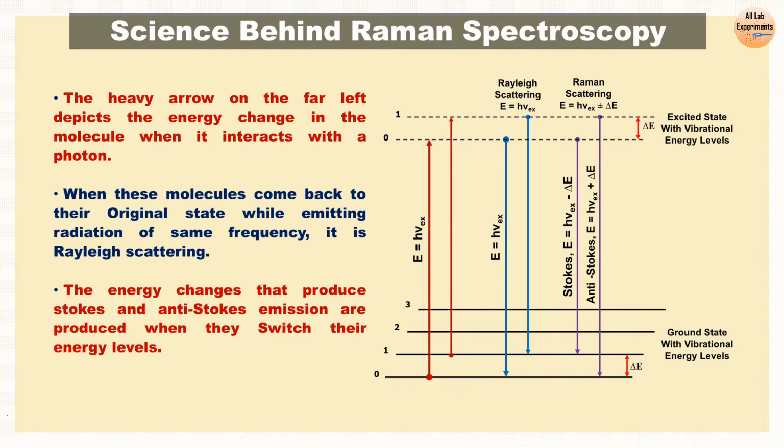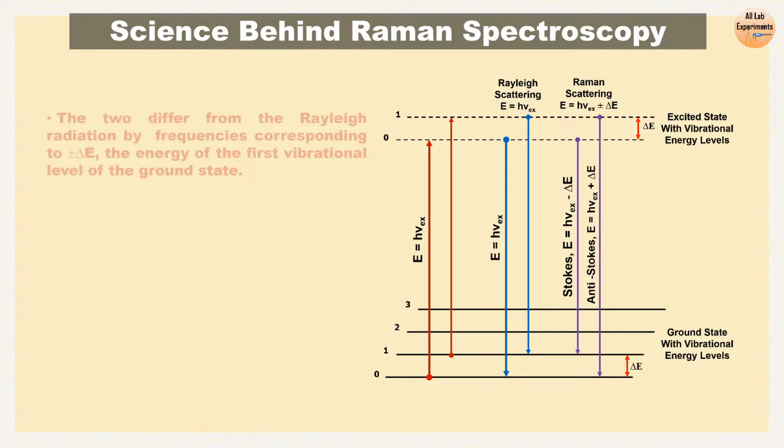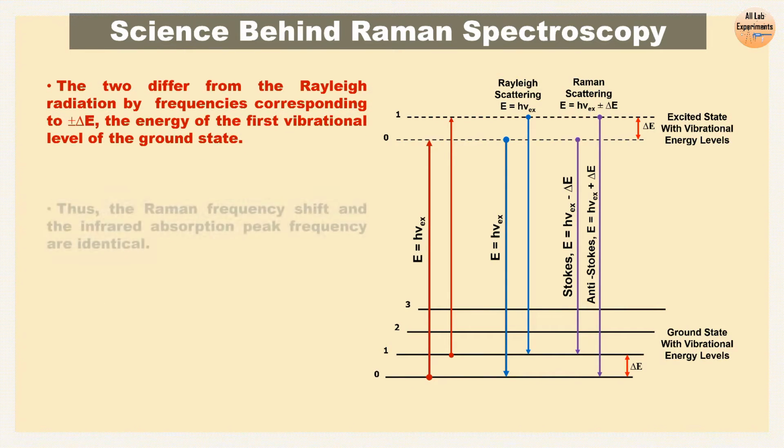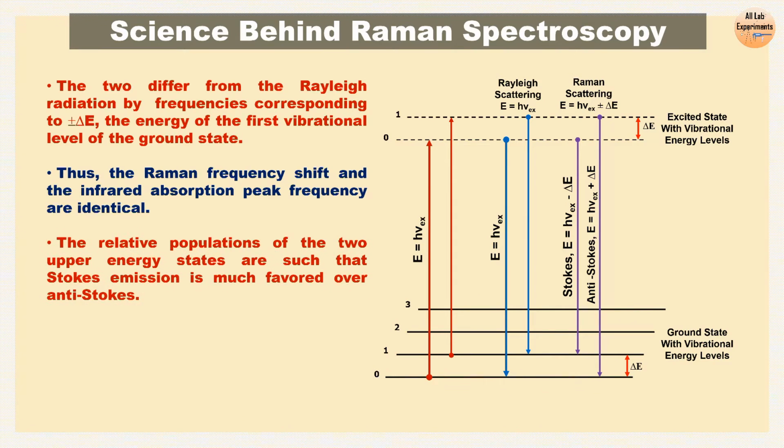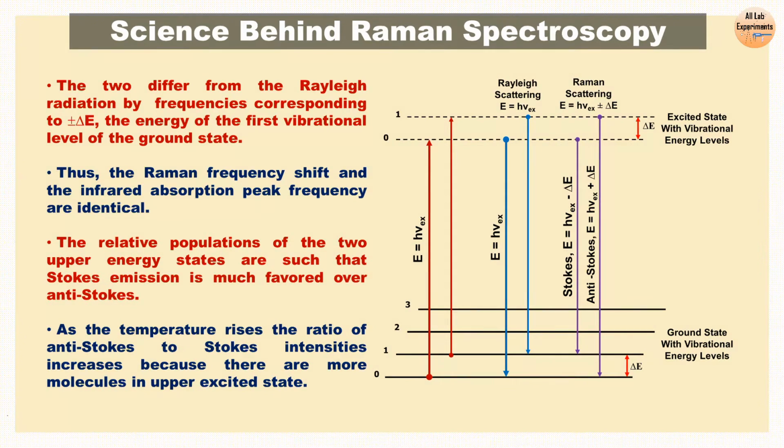Near the ground state vibrational energy levels, at zero level there are more electrons present, so more electrons will go to the higher state. At level 1 there are comparatively fewer electrons, so fewer electrons will go to the higher levels. So in the excited state, obviously there are more particles at zero level and fewer particles at level 1.